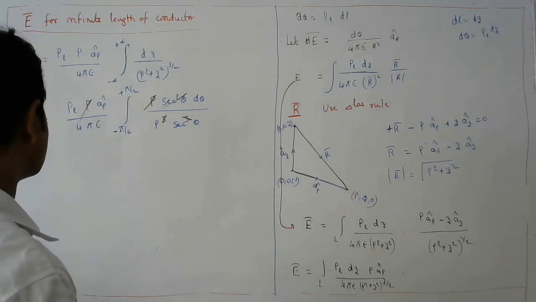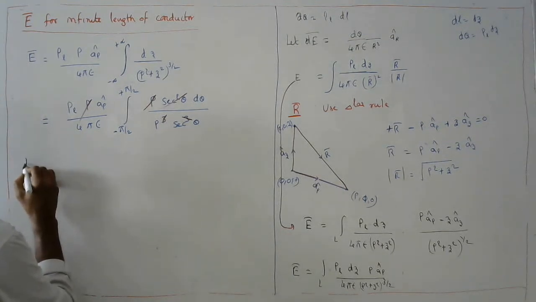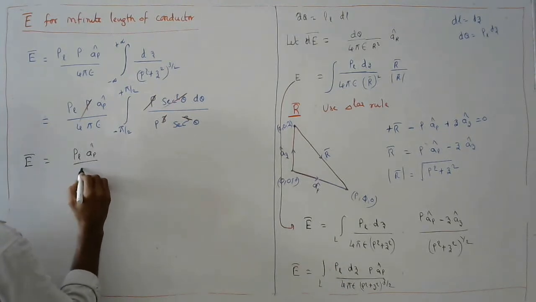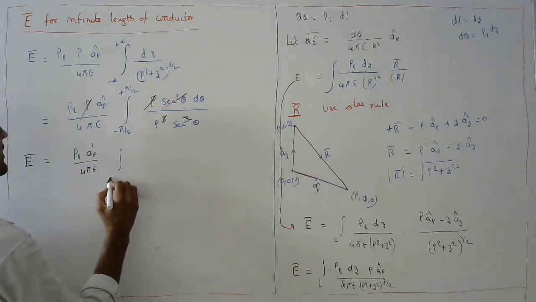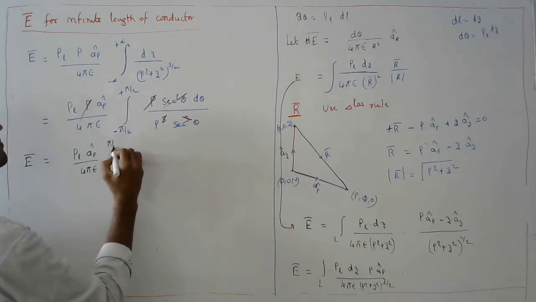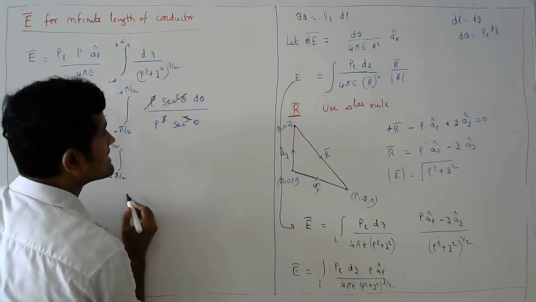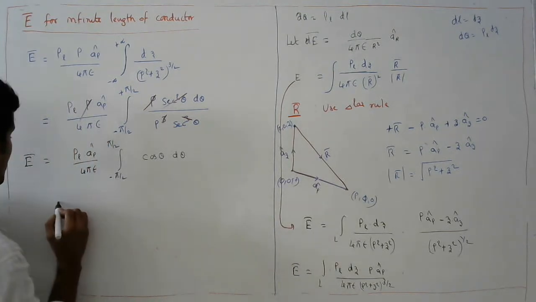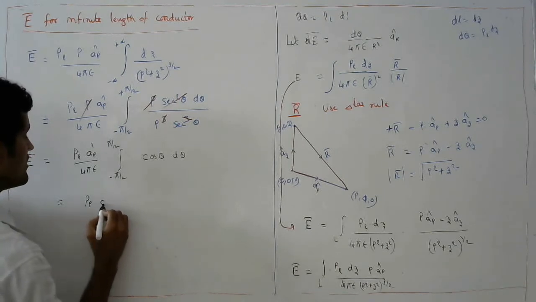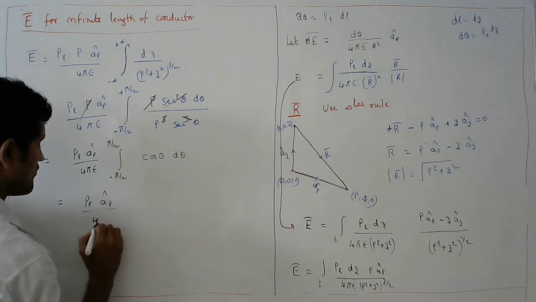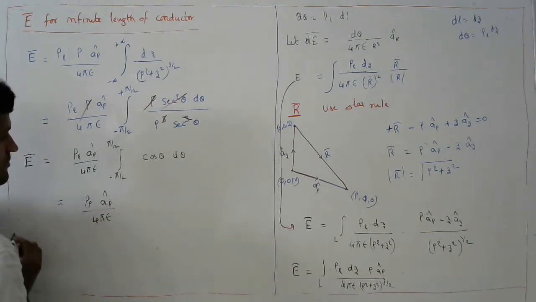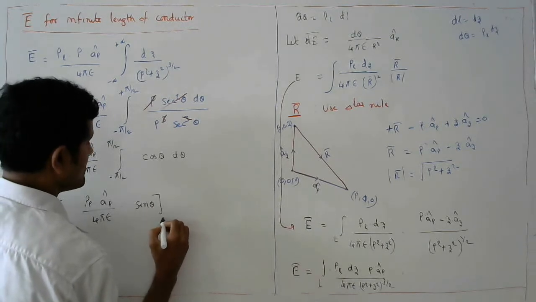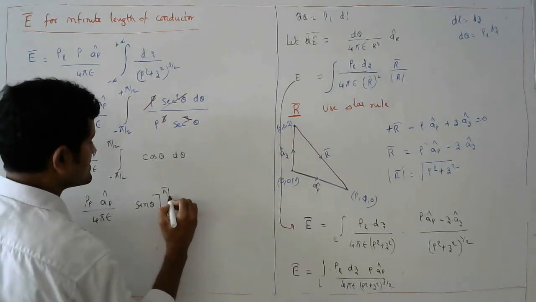So we can write this expression as E bar is equal to rho L into a rho cap by 4 pi epsilon, integral from minus pi by 2 to plus pi by 2 of 1 by secant theta d theta. 1 by secant theta is cos theta, so cos theta d theta. If I integrate this, the integral of cos theta is sin theta from minus pi by 2 to plus pi by 2.